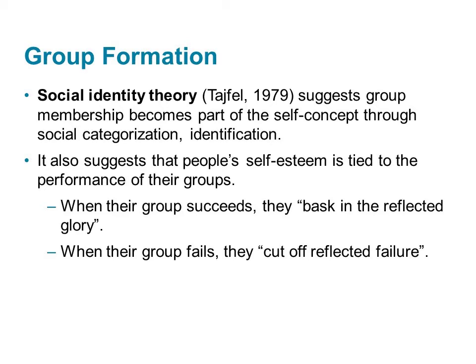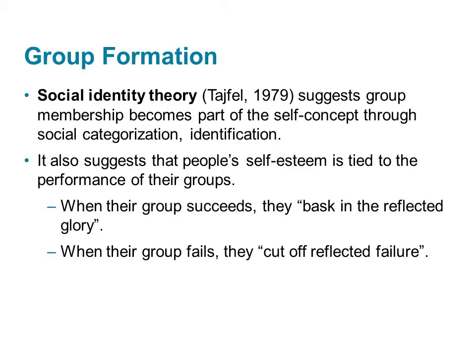Social identity theory also proposes that we have emotional reactions to the failure and the success of our groups. This is because our self-esteem is tied to the performance of our groups. When our groups do well, we tend to associate ourselves with the accomplishments and successes of our groups.